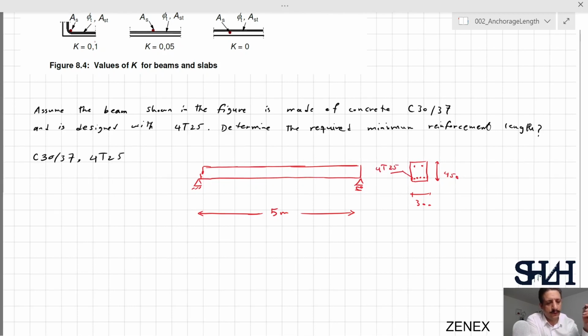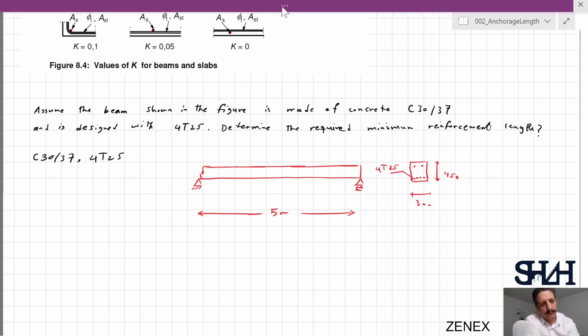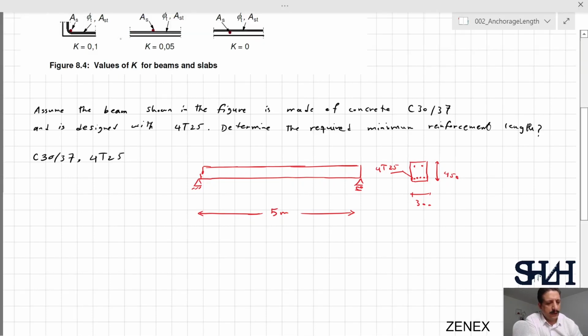We need to follow the minimum reinforcement on both sides, and it will be covered in the other video. So now we are talking about the reinforcement which is coming here. And in the middle of the beam, if the beam is under distributed load, this is the place that we would expect we have maximum bending moment.